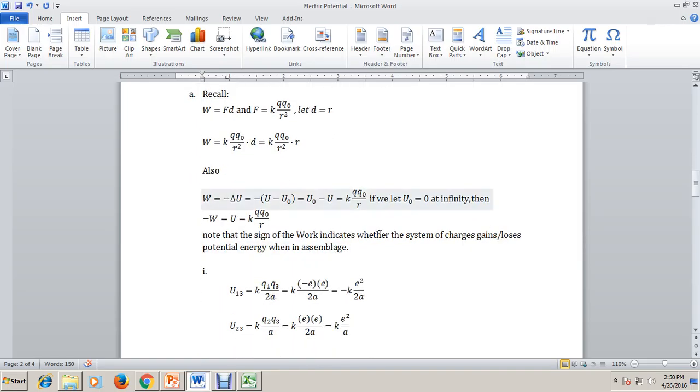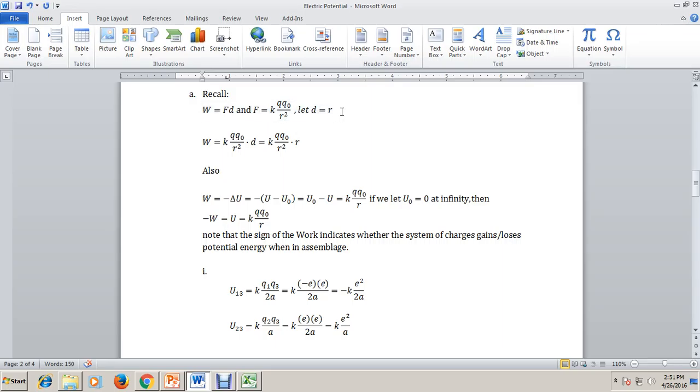Recall that work is equal to force times distance, and force for two point charges is given by Coulomb's law, which is F is equal to K Q Q sub O over R square. Now, of course, the distance between the two charges is represented by D in our formula for work. It is also represented by R in our formula for Coulomb's law.